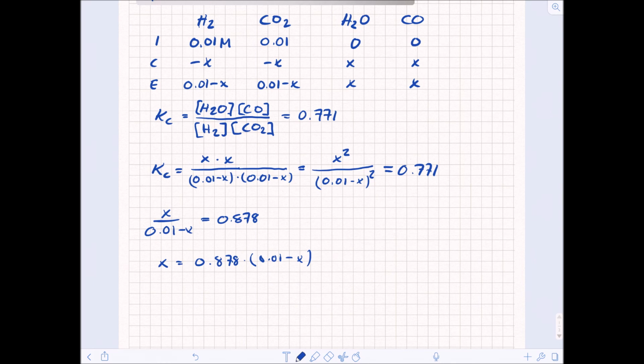And if we move ahead to solve this, x will be 0.00468 mole per liter.